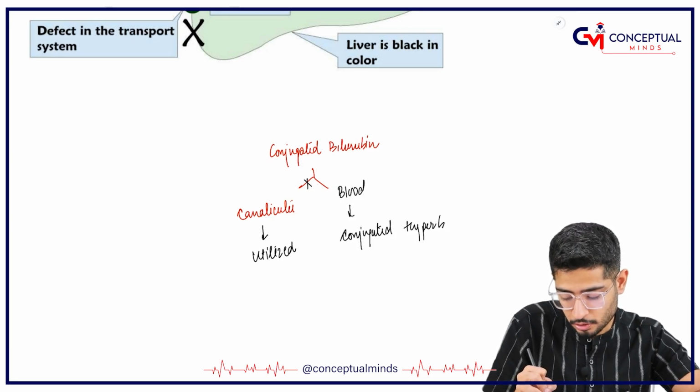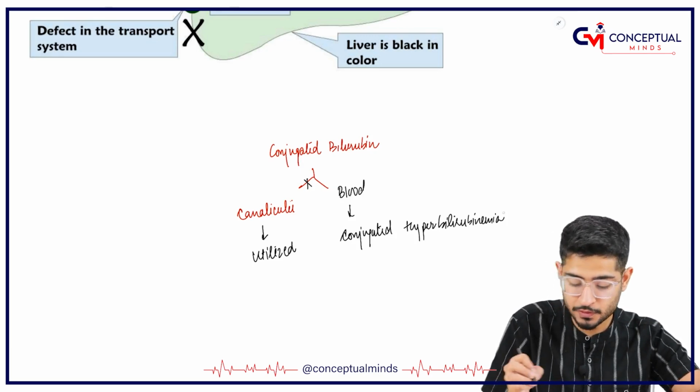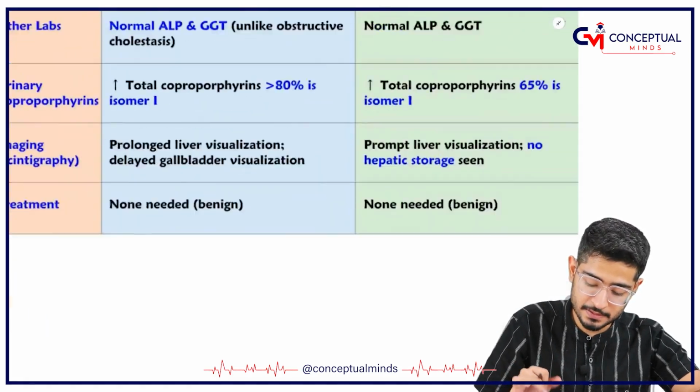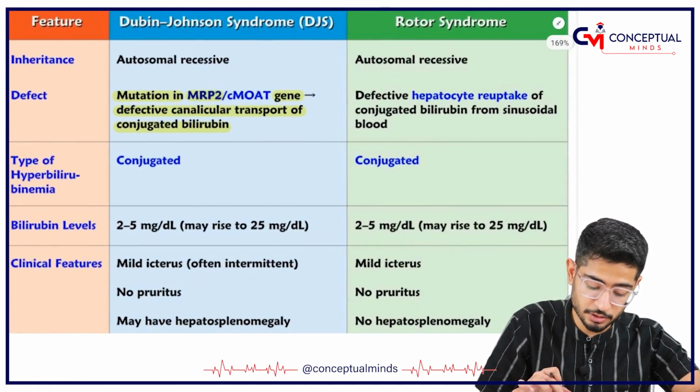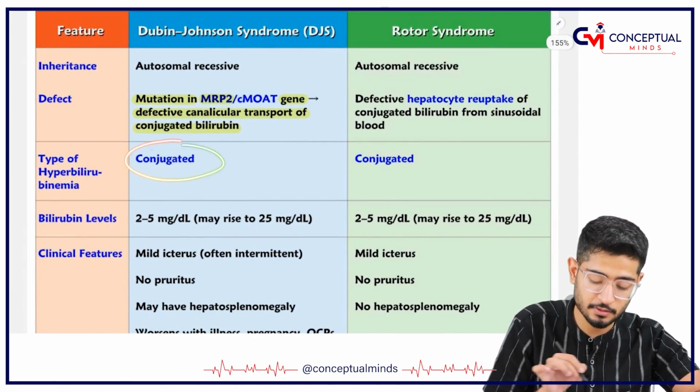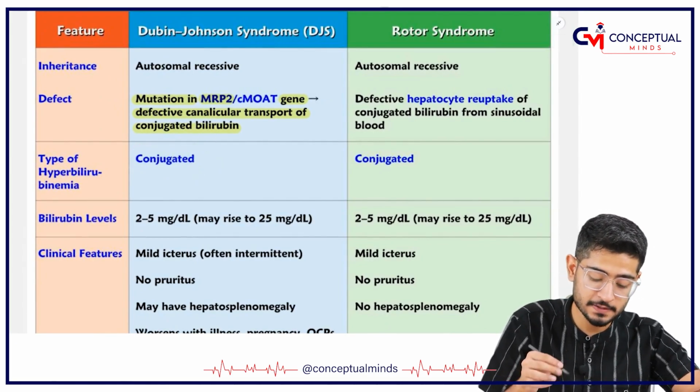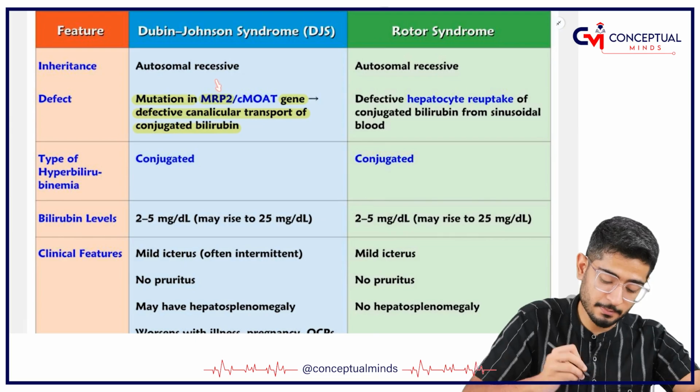Are you getting it? Because it is not going to the canaliculi, there will be an increase in conjugated bilirubin because of the mutation in the MRP2 gene.